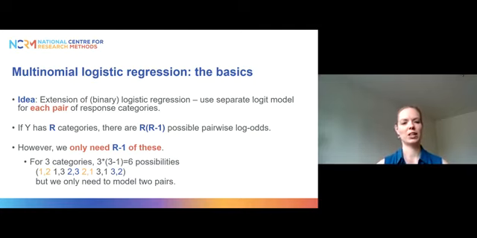But actually 1 and 2 is the same pair as 2 and 1, etc. So half of these drop out already, and actually we will end up only modeling 2 pairs because we will select one of the categories as baseline or reference category and only compare the other 2 outcomes to that category. And I will walk you through what that means.